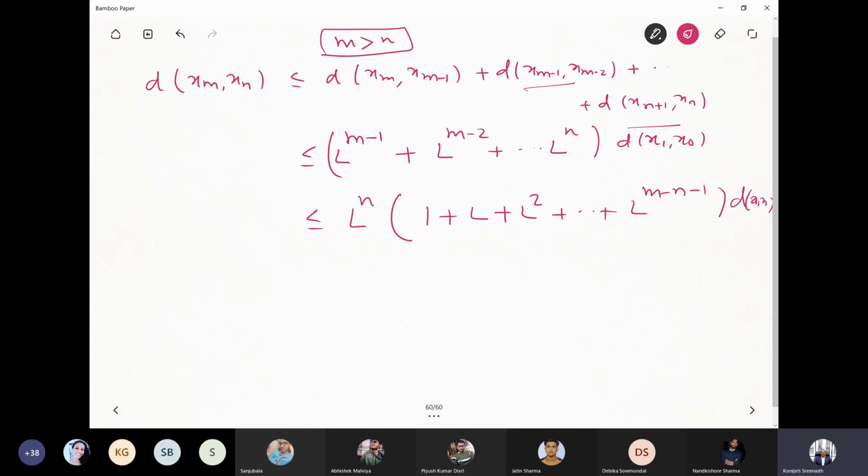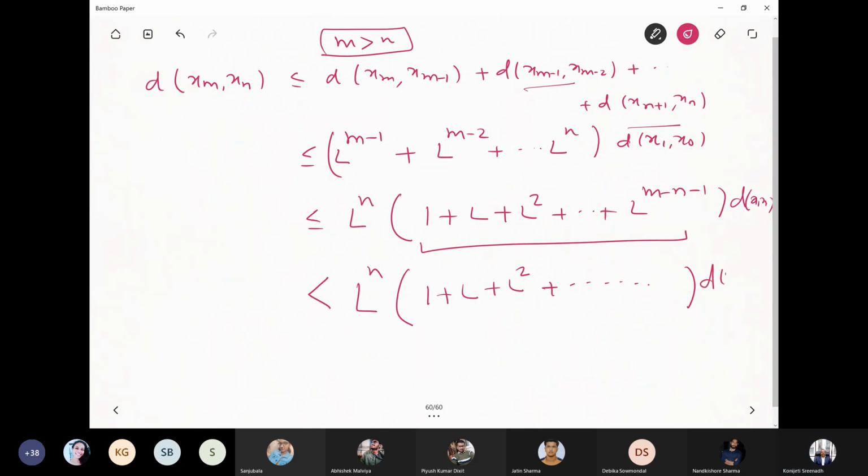Now you see here this term, there are only finitely many terms here, so that is going to be strictly less than. You keep this one as it is, L to the power n, and this one you replace with infinitely many terms of the geometric series, because we are only adding more and more terms. So what I will get is strictly less than L to the power n by 1 minus L, times this constant.